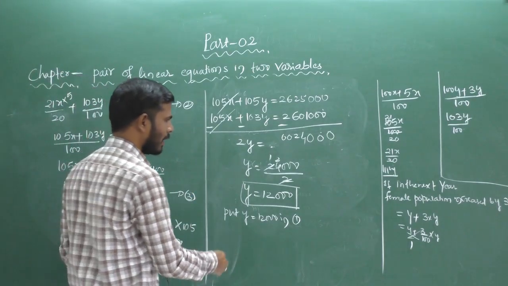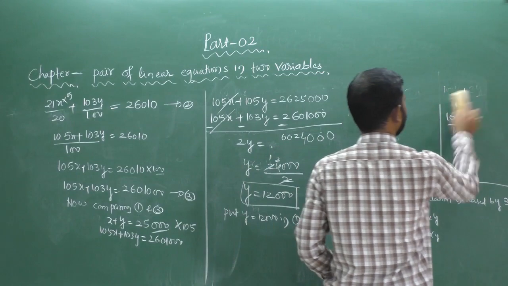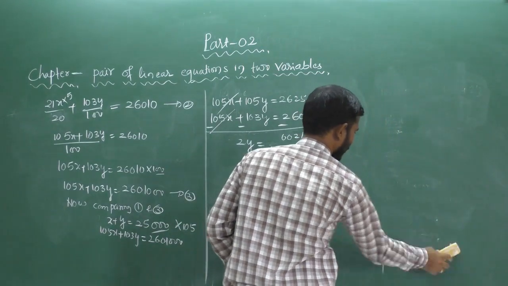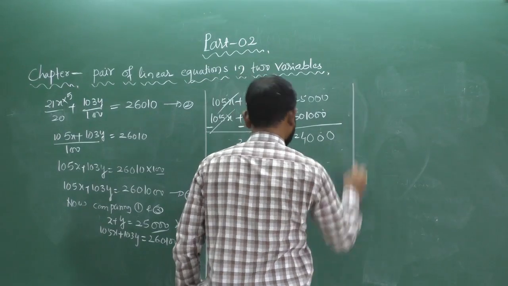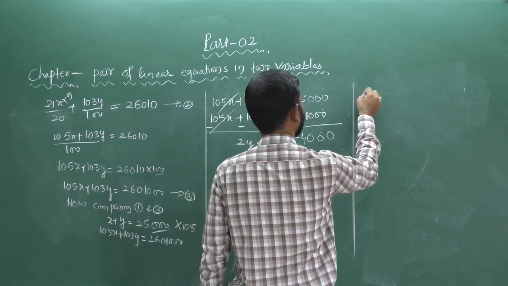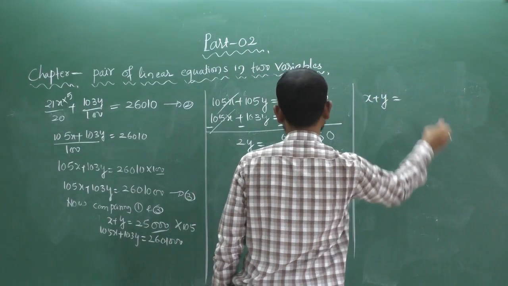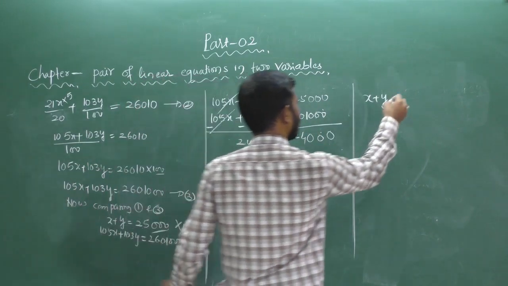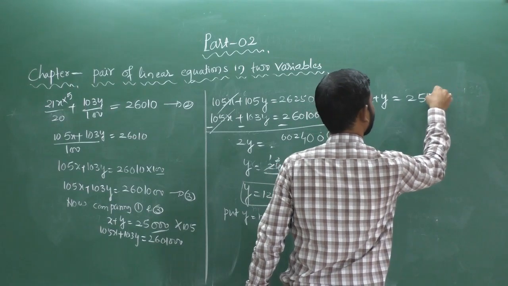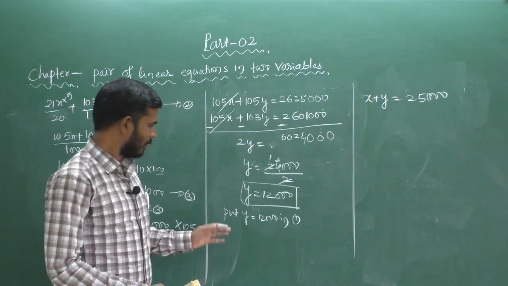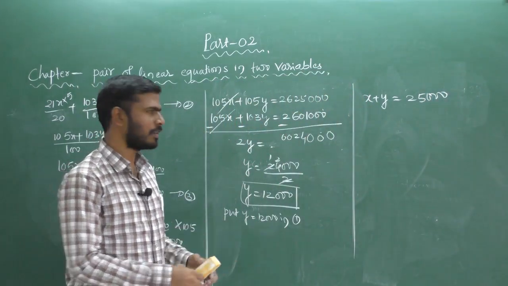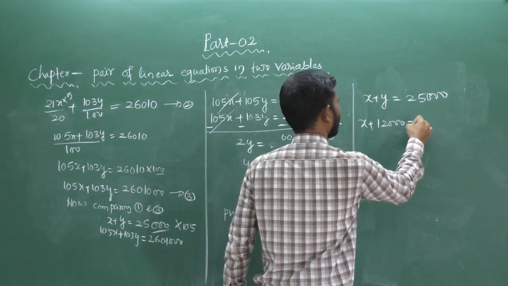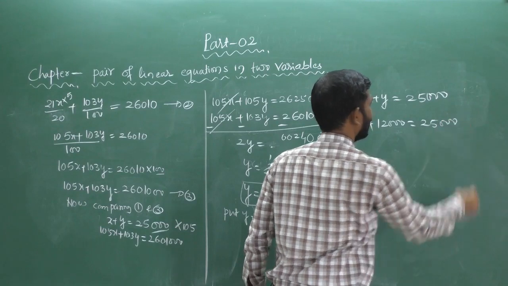First, the equation is x plus y equal to 25,000. Here y equal to how much did you get? 12,000. Just substitute. x plus 12,000 equal to 25,000.